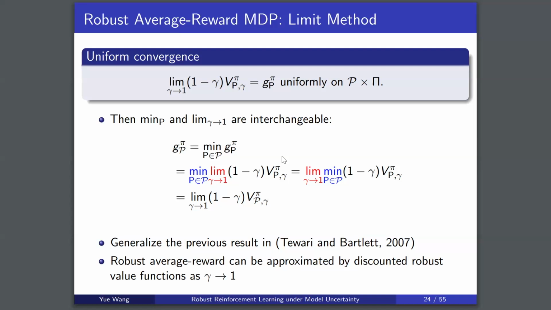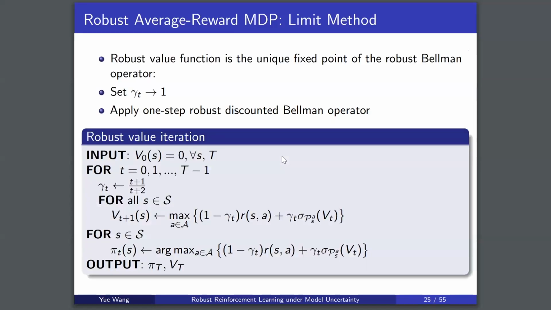So based on this result, we proposed our robust value iteration algorithm. The idea is that at each time step, we set the discount factor gamma to 1, and then we apply the one-step discounted Bellman operator. As we discussed before, the discounted value function is the unique fixed point of this Bellman operator.